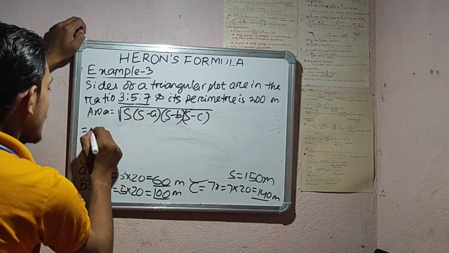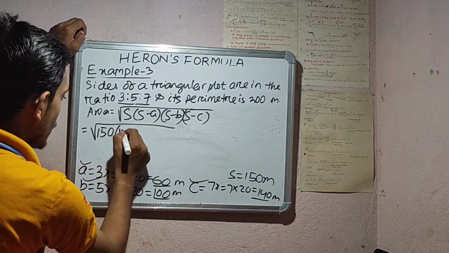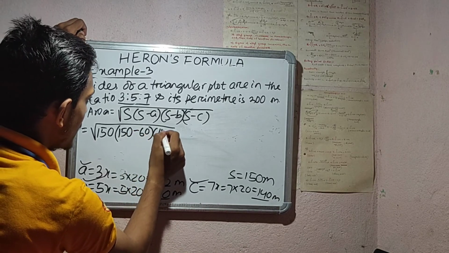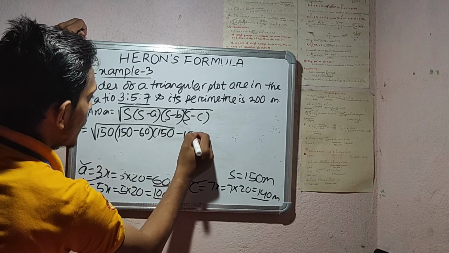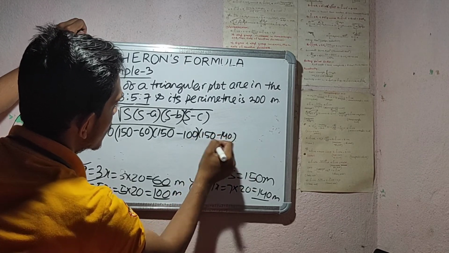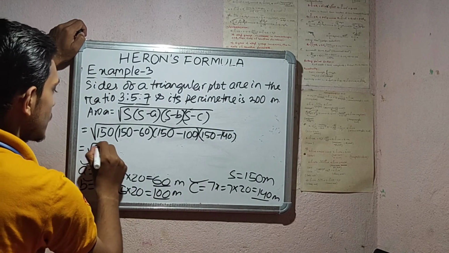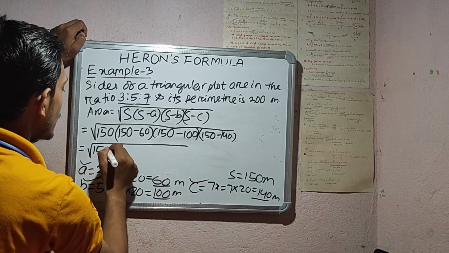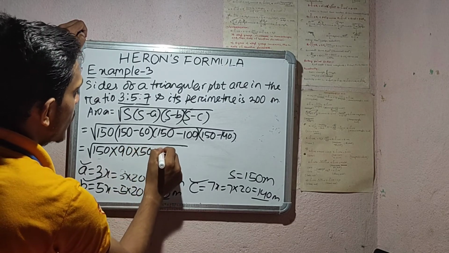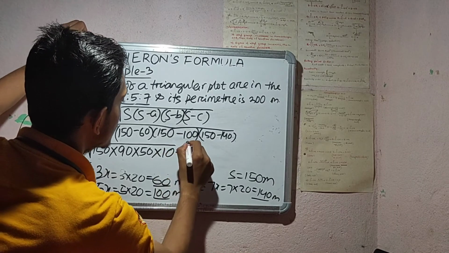So I have s is 150, multiplied with 150 minus a, that is 60, and 150 minus b, that is 100, and 150 minus c, that is 140. So that is 150 multiplied with 90, multiplied with 50 and 10.